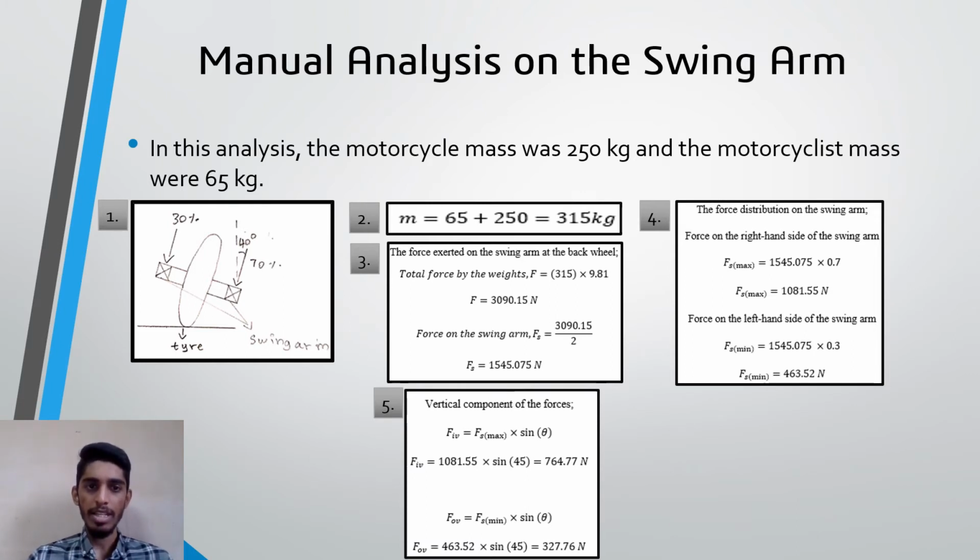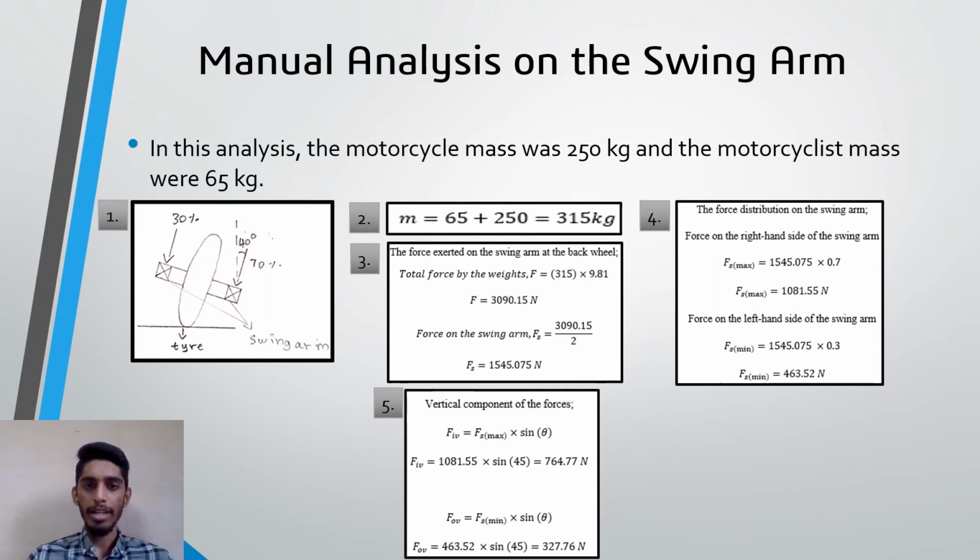The motorcycle is leaning to the right, so 70% of the total weight will be exerted on the right hand side of the swing arm, and the left hand side will only experience 30% of the weight.